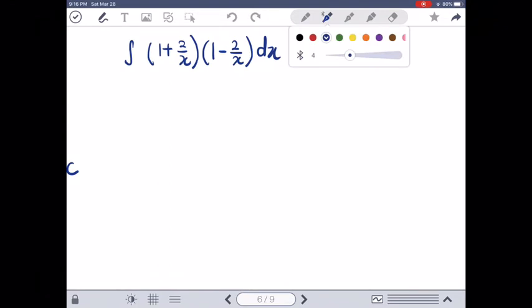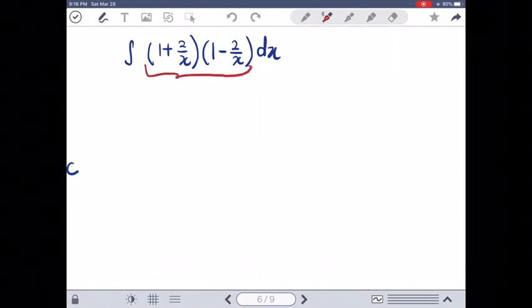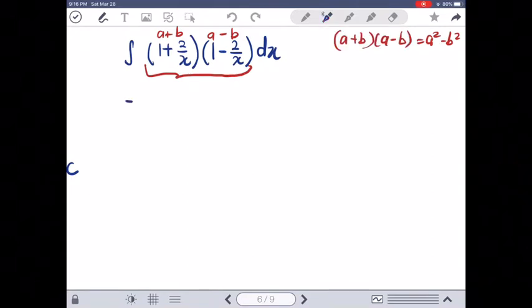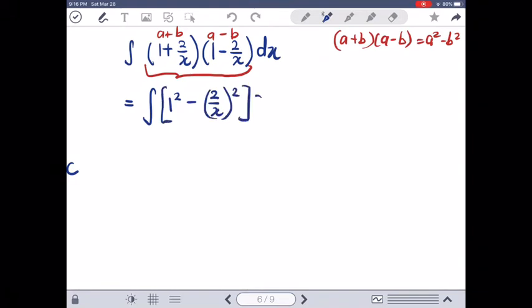So in this case, expand this first. If you notice, the pattern is a plus b, a minus b. So if we expand a plus b multiplied with a minus b, we should get a squared minus b squared, which means we should get integration of, in this case, 1 squared minus 2 over x squared with respect to x.